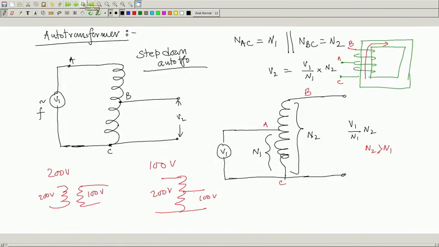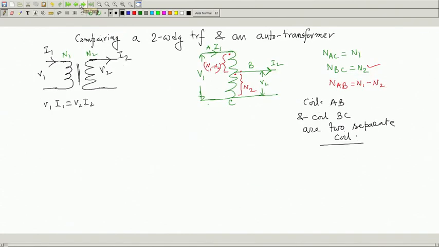and I have identified coil AB and coil BC. If you connect some load on the secondary, and apply voltage to the primary, this coil is supposed to carry some current, coil BC, coil AB is also supposed to carry some current, but I am sure about one thing, these two coils will carry current and they have to follow the rule of a two winding transformer.